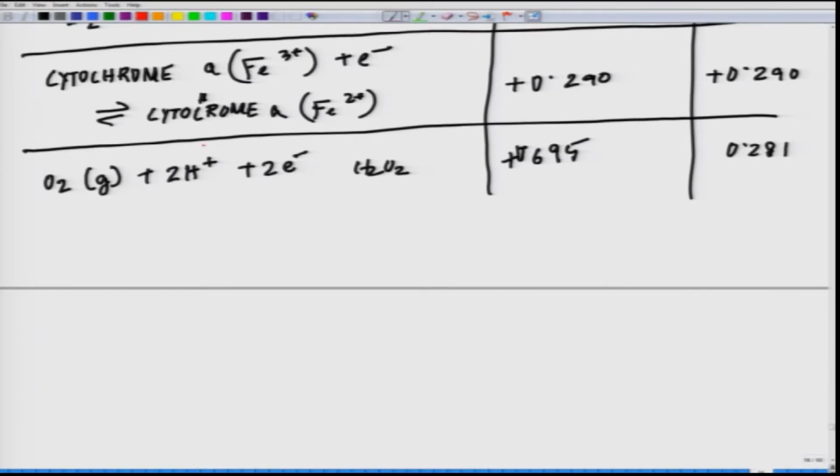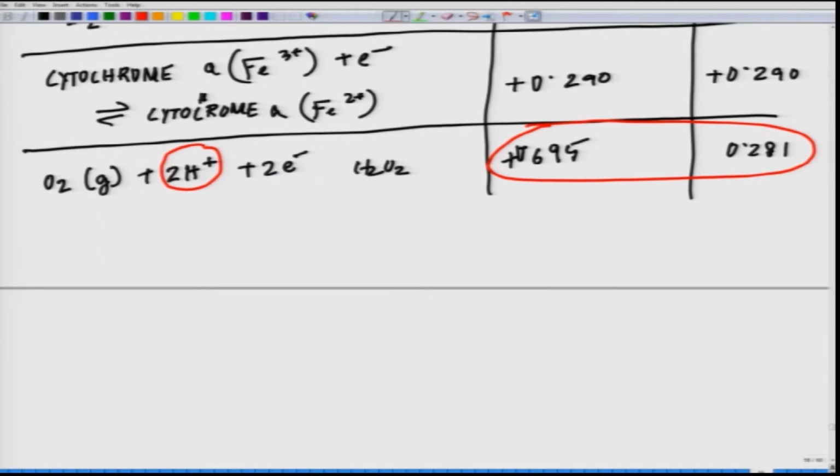Now, here is another example of the difference you could see. Similarly, you can do it for cytochrome c Fe3 plus plus electron to make it cytochrome c Fe2 plus, you will see a plus 0.254 volt E0 prime.